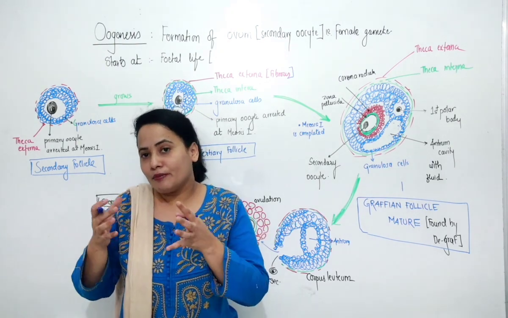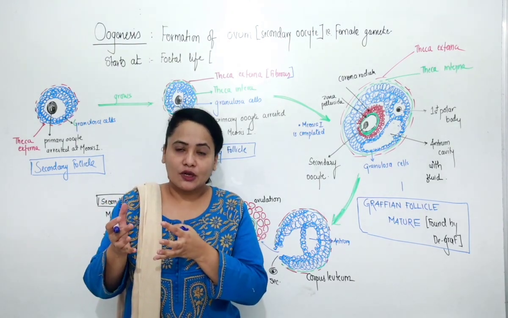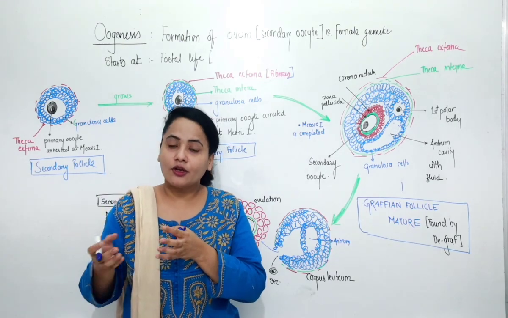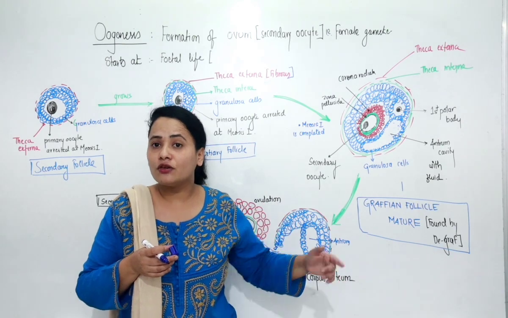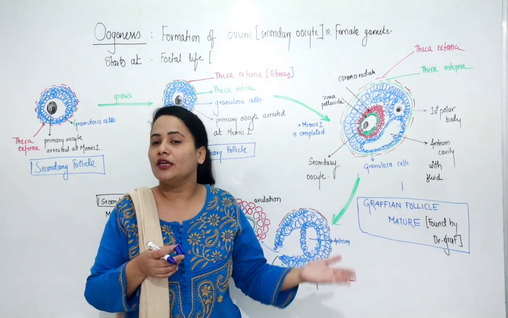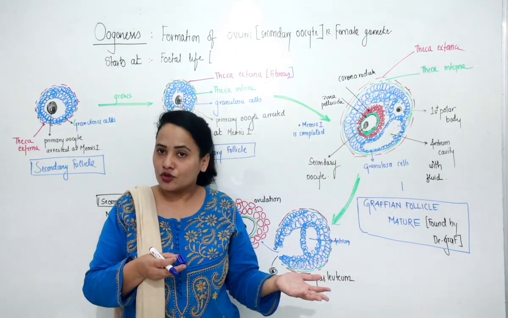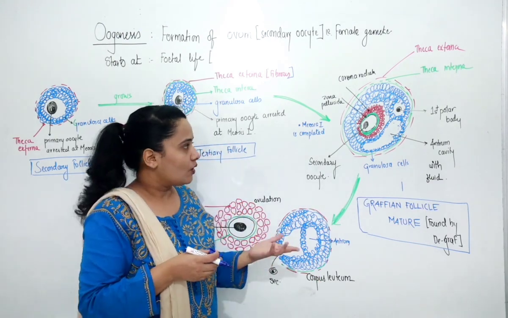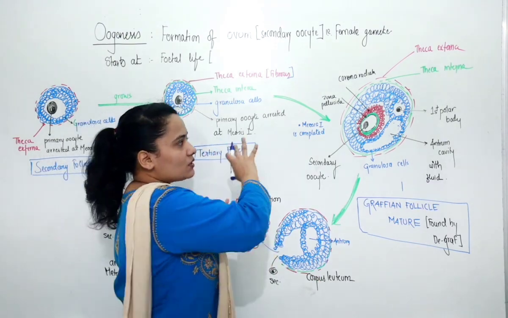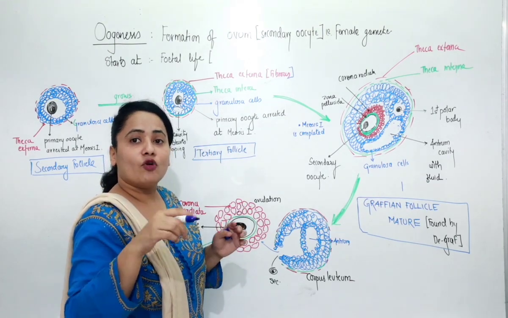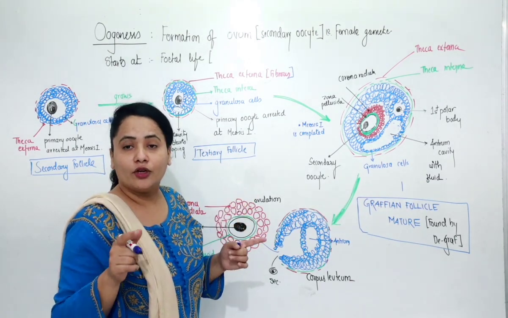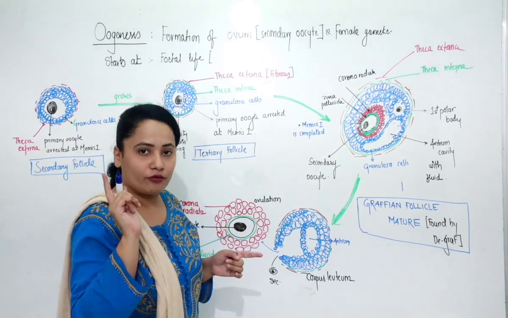So one is getting better cytoplasmic content, so it can get better nourishment, whereas the other remains small and it degenerates. So what degenerates? The first polar body will degenerate because it is having less nutrition or fewer nutrients. Okay, so meiosis 1 is getting completed at what stage? When the follicle is growing into a Graafian follicle. And Graafian follicle is a mature follicle.